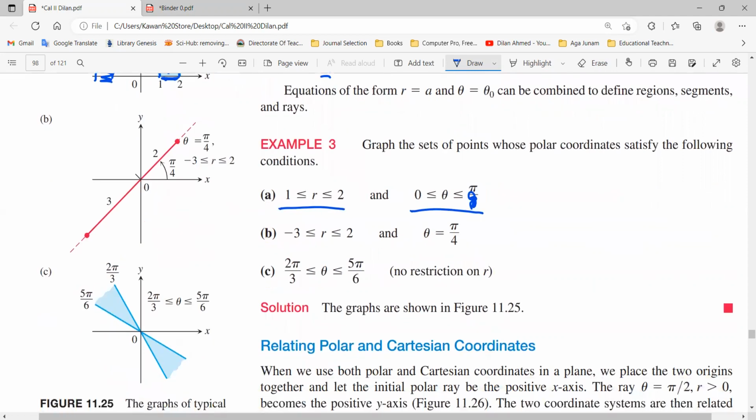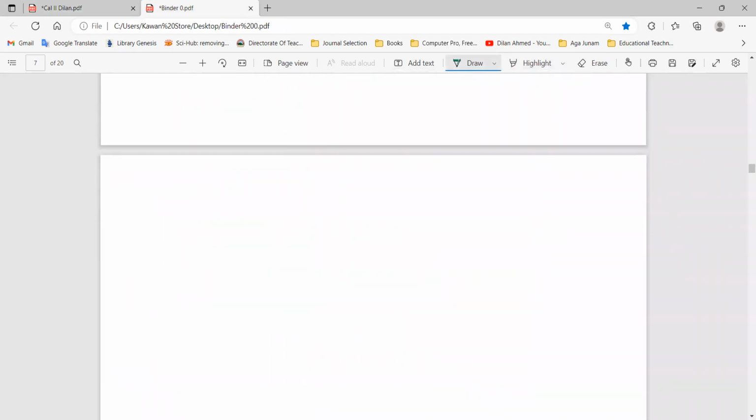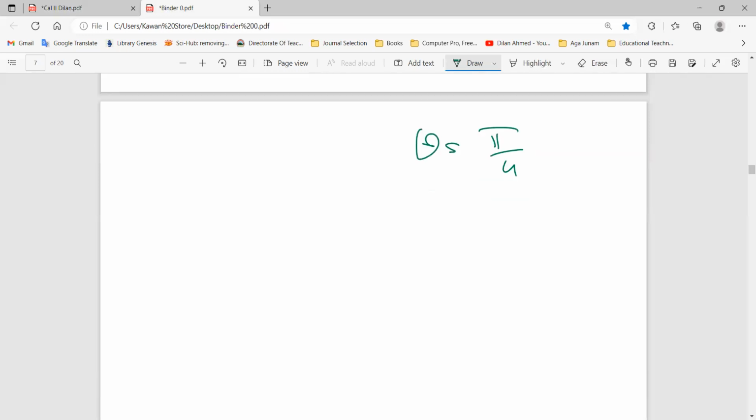Now in the second, I have R and theta. Theta, or the angle, is theta equal to pi over 4. Pi over 4 is a line. Here's the origin, and I have a line like that from here to there.